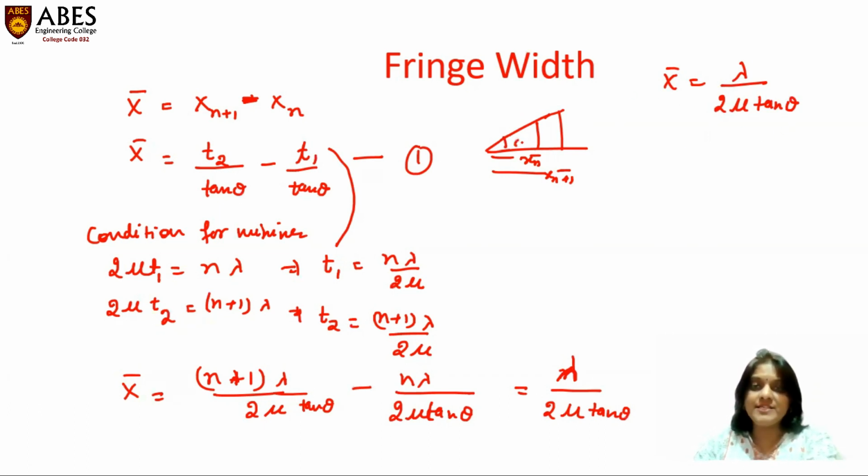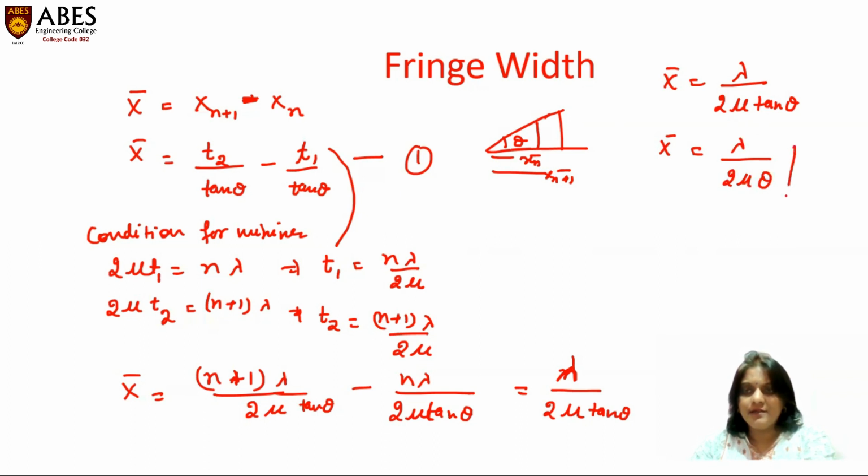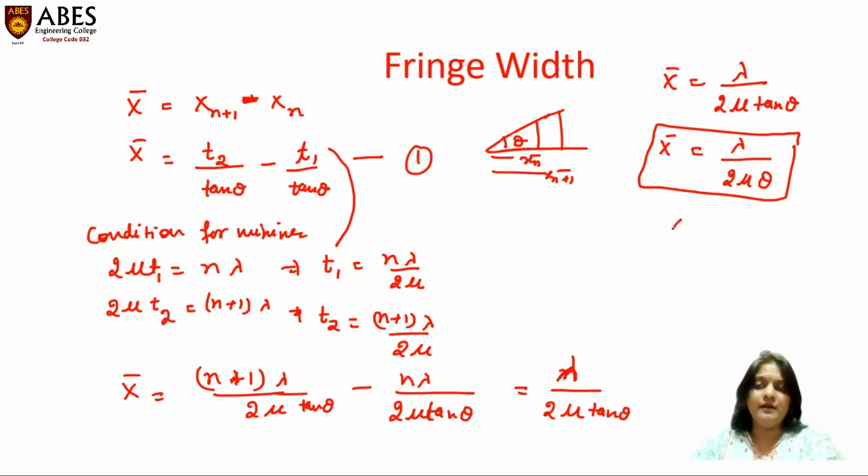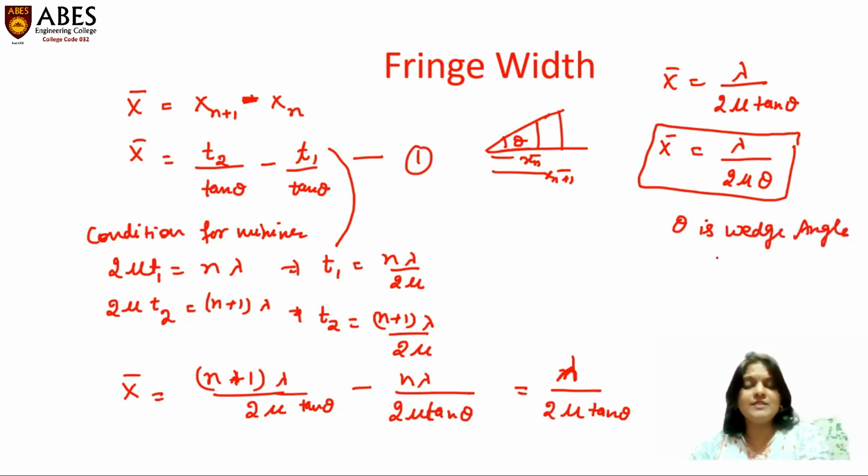where theta is a very small angle. This is the wedge angle, which is very small, 1 degree, 2 degree, less than 1 degree, half degree. So we can write tan theta as theta. So the fringe width formula for the wedge shape film is lambda upon 2 mu theta, where theta is the wedge angle and is very small.